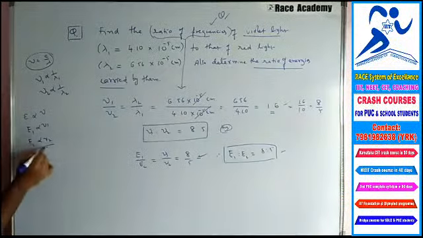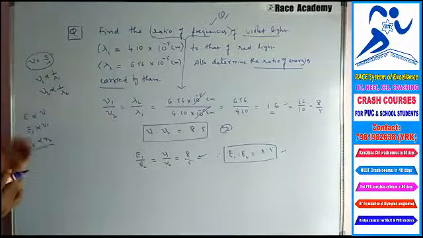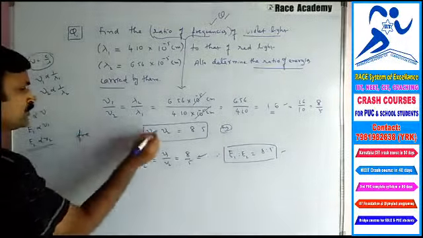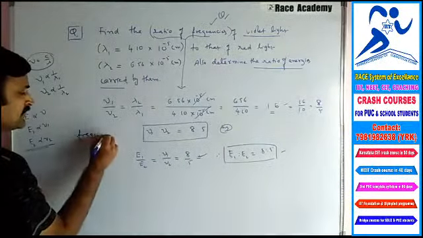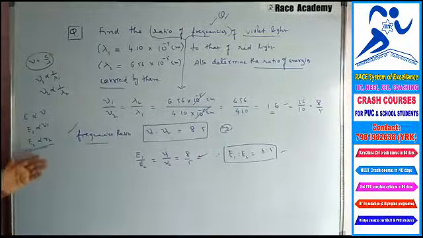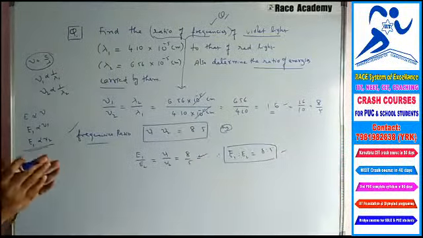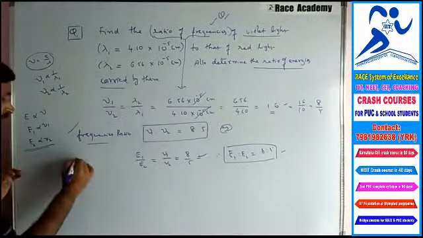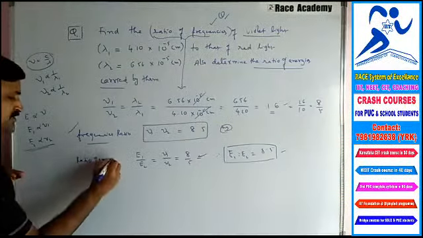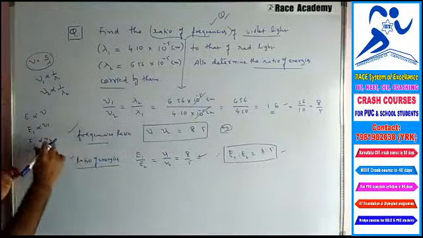Because energies are directly proportional to frequency. Once we got the frequencies ratio, nu1 is to nu2, it is the same as the ratio between the energies. So the ratio of energies carried by them is also the same.